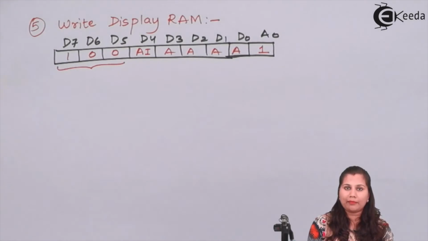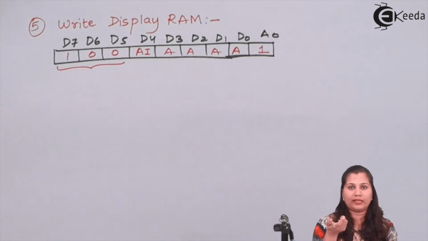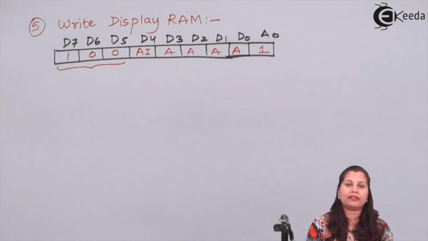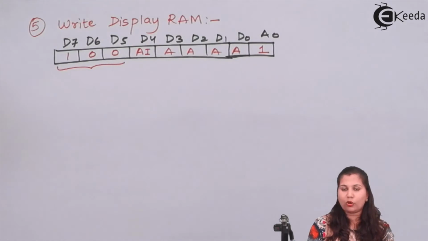Then we have the programmable clock, which decides by what factor the external clock frequency has to be divided so as to obtain the input clock. Then we have the read FIFO sensor RAM, then read display RAM and write display RAM. So these were all the command words of the 8279 programmable keyboard display controller. I hope that this topic is clear to you. Thank you.